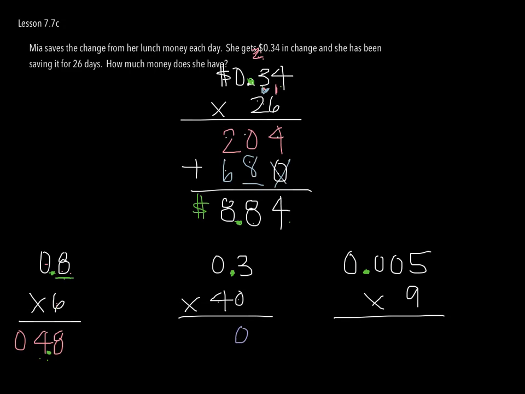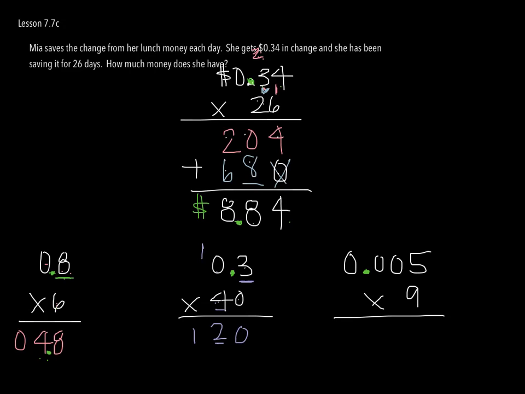Now my first answer is in my 10 spot because I'm multiplying by my 10 here. 4 times 3 is 12. Write down the 2. Carry the 1. 4 times 0 is 0. Add the 1. So it's going to be 12. Okay? Now I look at my answer, and I have one spot to the right of my decimal point.